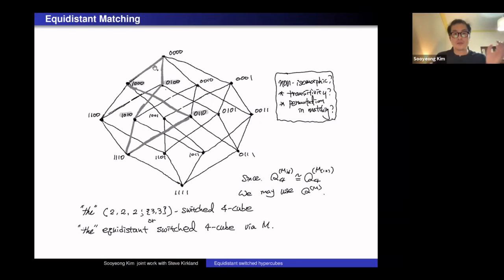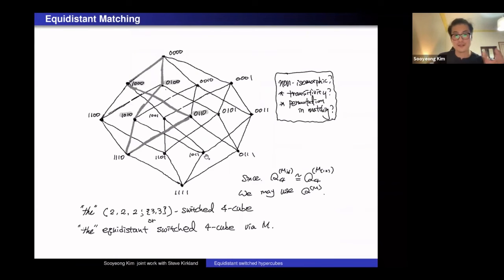Then one can verify that, excluding 8 vertices here, for example this vertex, which is involved with switching, has its antipodal vertex in Q4, which is 0, 1, 1, 1. Then this pair is going to be excluded from exhibiting PST. And for this vertex, similarly, we consider the antipodal vertex in Q4, which is this vertex.